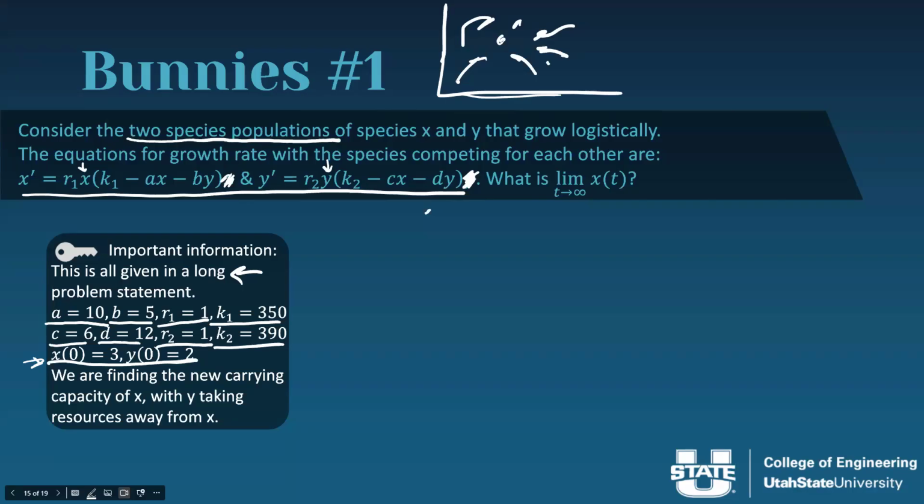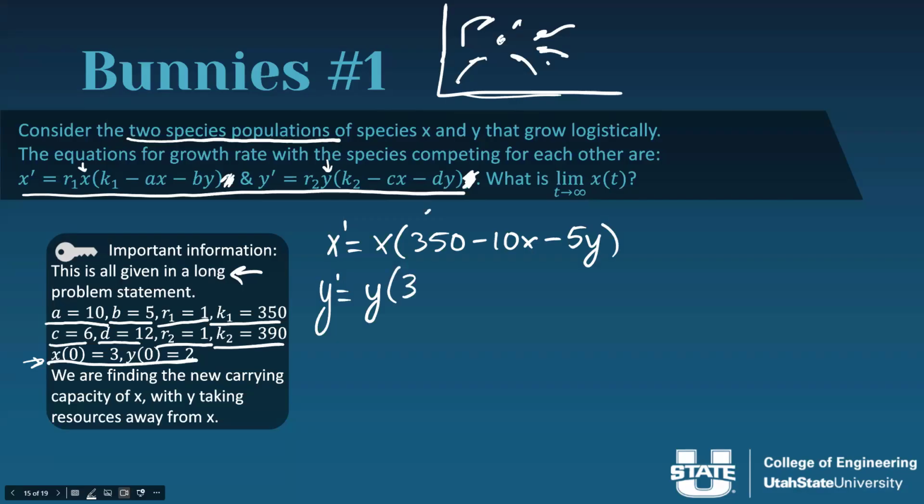So we just need to plug in these values. We get x prime equals R1 is 1, K1 is 350, A is 10, B is 5, R2 is 1, K2 is 390, C is 6, and D is 12.